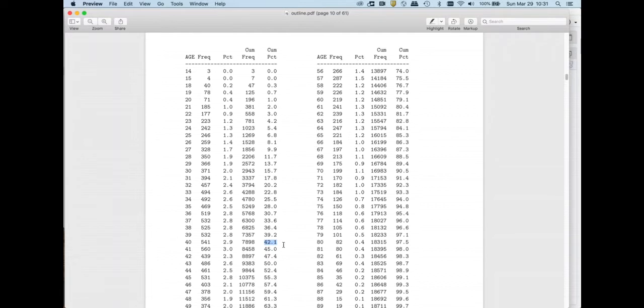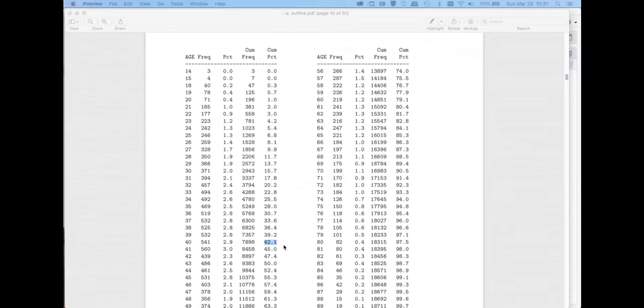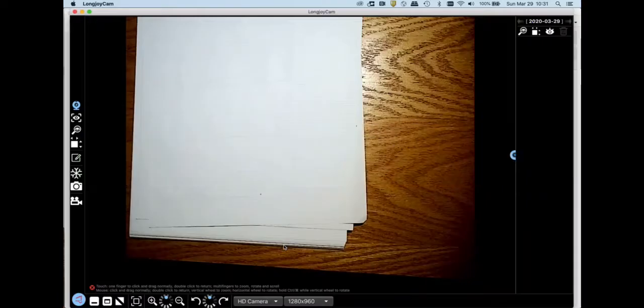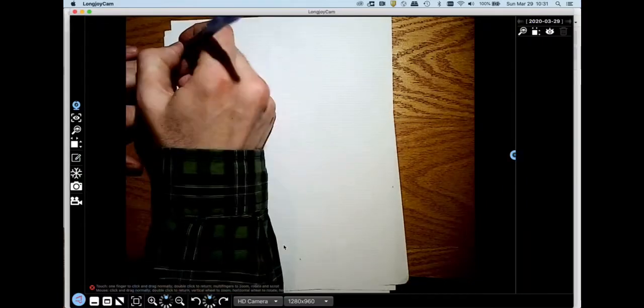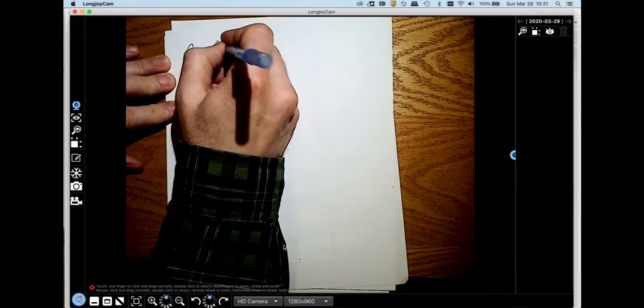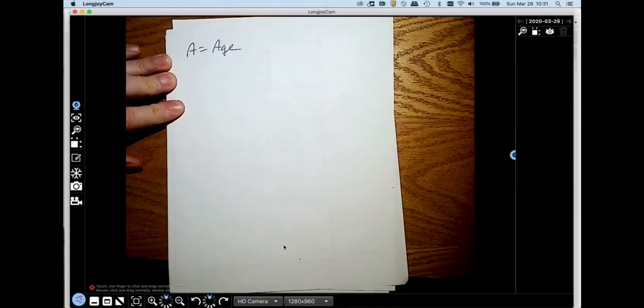I'm going to go over to the scratch pad for a second, and I'm going to use some mathematical notation that's going to look somewhat familiar to you. So if I go over to my document camera, let's say that A is equal to the age of our respondent.